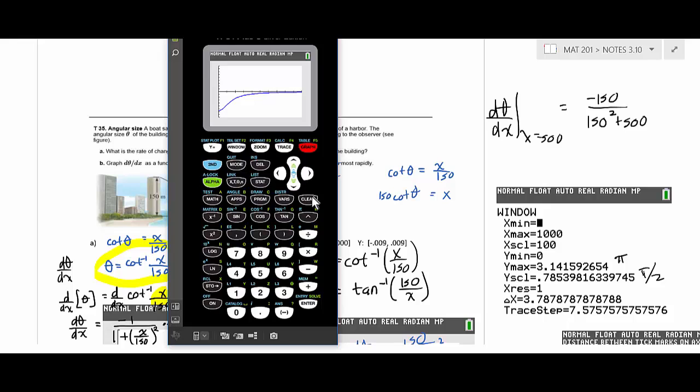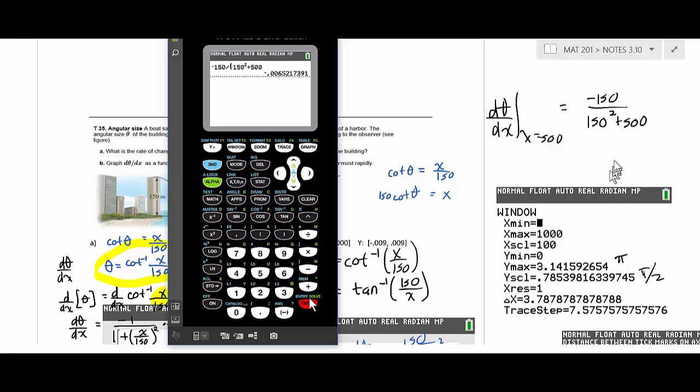You'll get some pretty small decimals, and you'll get a negative number. So negative 150, and then we're going to divide that by 150 squared, and then plus 500. Then that should give us that rate of change. Let me round that off.